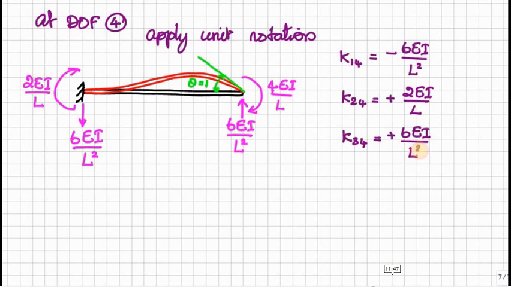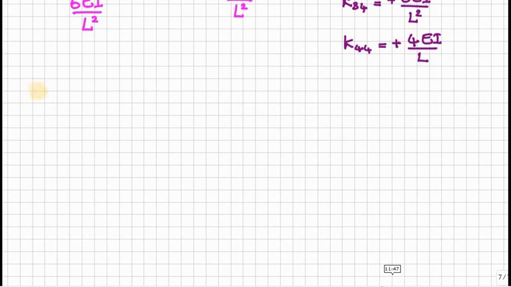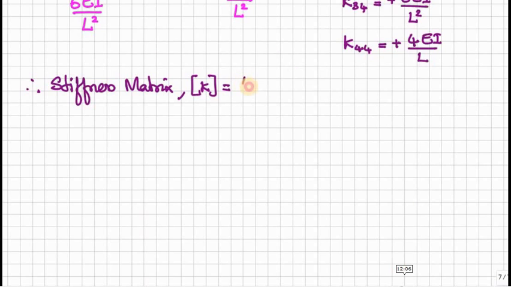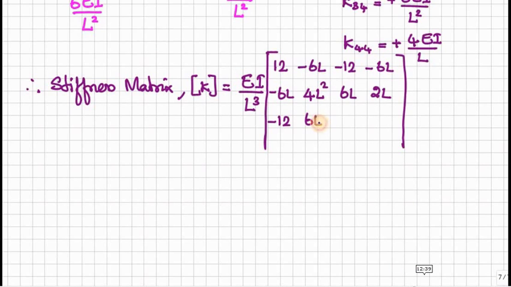So now we have all the parameters, the stiffness coefficients. Now we can formulate a stiffness matrix for the beam. So this is the stiffness matrix for the entire beam member.